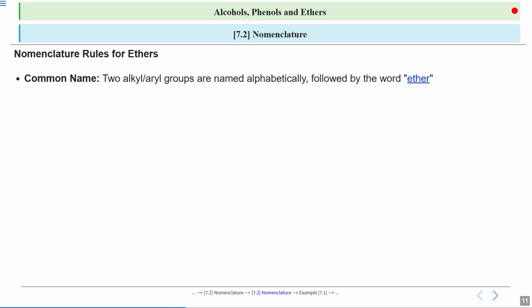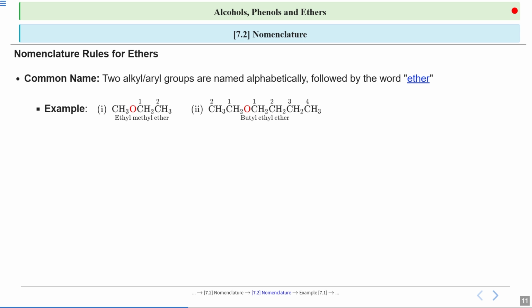O is bonded with two R groups, which may be alkyl or aryl or both. So the two alkyl or aryl groups around the oxygen are named alphabetically, and then you add the word ether.